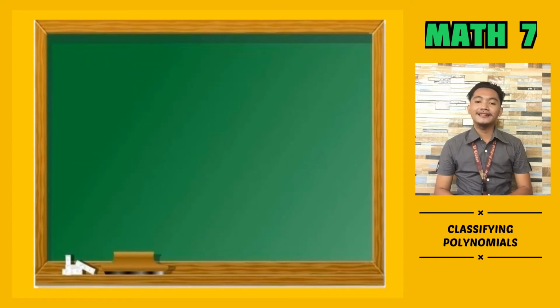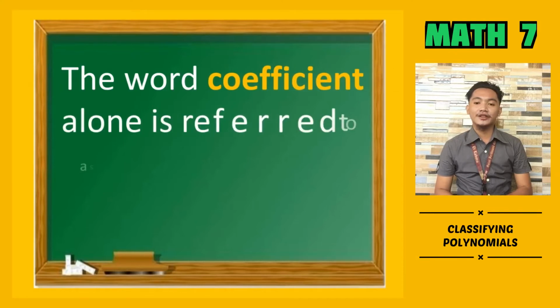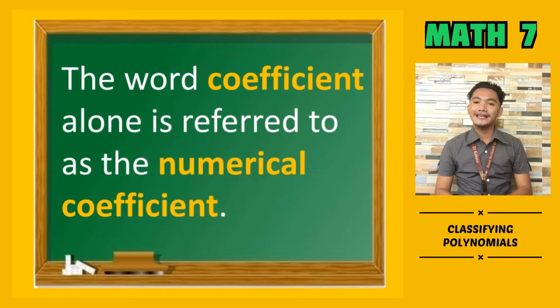Bear in mind that the word coefficient alone is referred to as the numerical coefficient. So, if I just say coefficient, don't ask me anymore if what I am talking about is a numerical or literal coefficient. Because if I just say coefficient alone, it will automatically mean numerical coefficient.